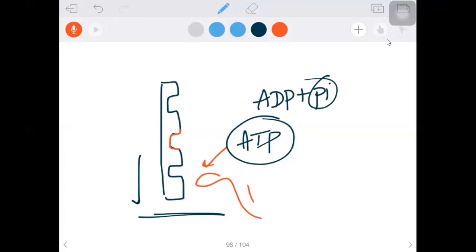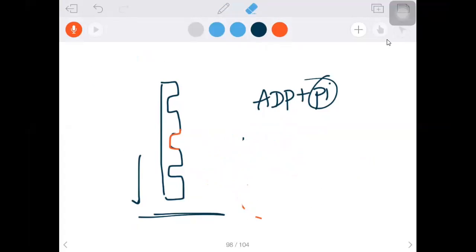Detachment occurs. When all these things happen, this particular myosin head will face the active sites one after another, pulling the thin filament. You need to understand here, see in the picture.